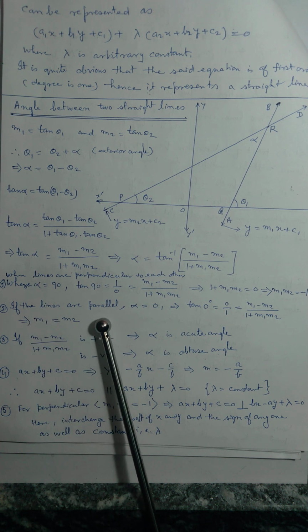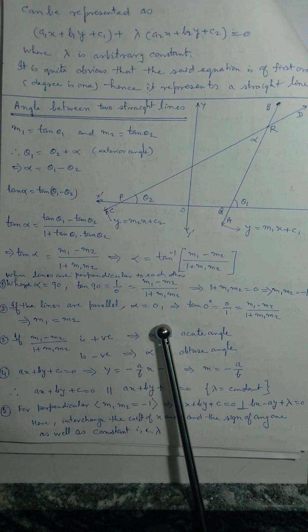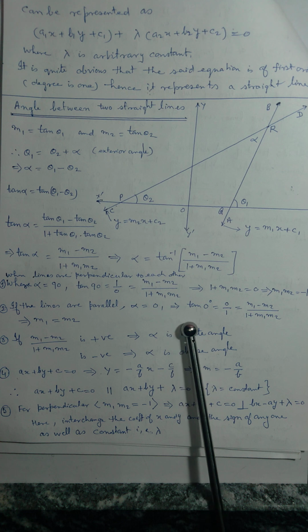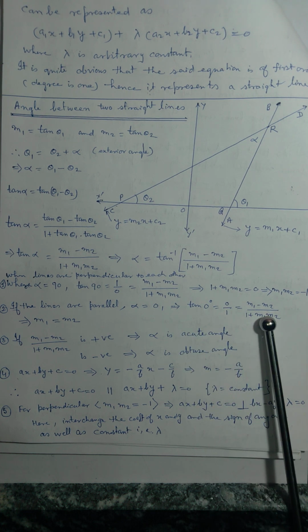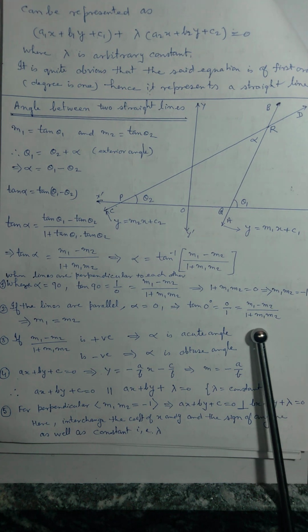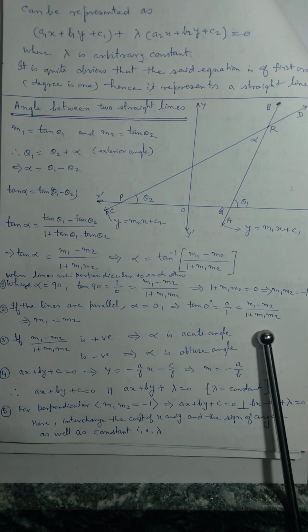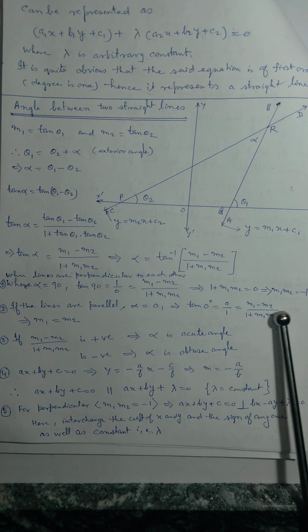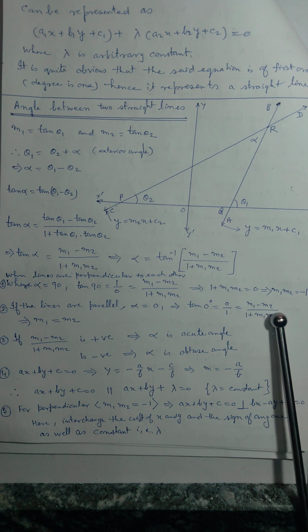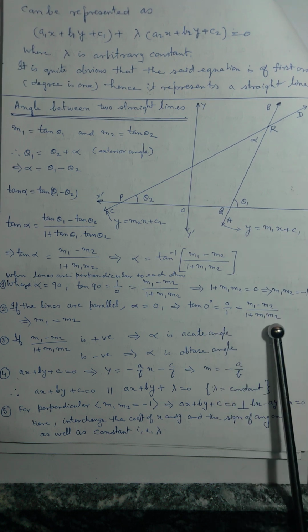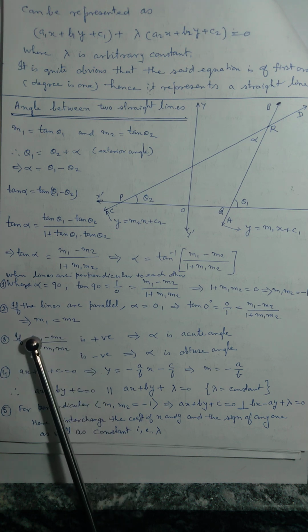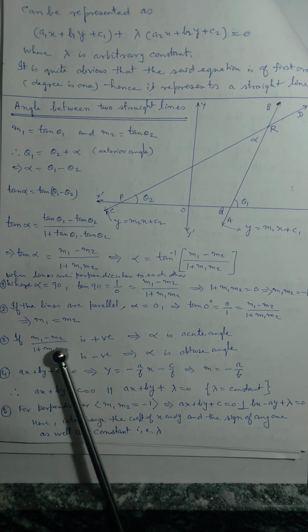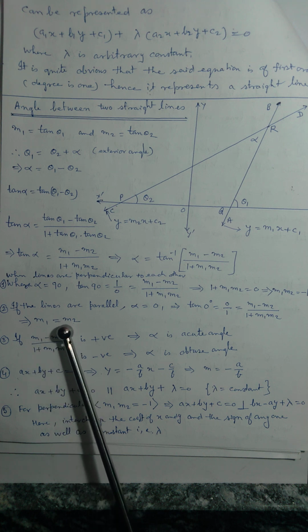If the lines are parallel, at that time alpha will be equal to 0. So tan 0 degrees is equal to 0 upon 1. Again cross multiply it. You will get m1 minus m2 equal to 0. So ultimately you will get m1 equal to m2, means the slopes of both lines are equal when they are parallel.